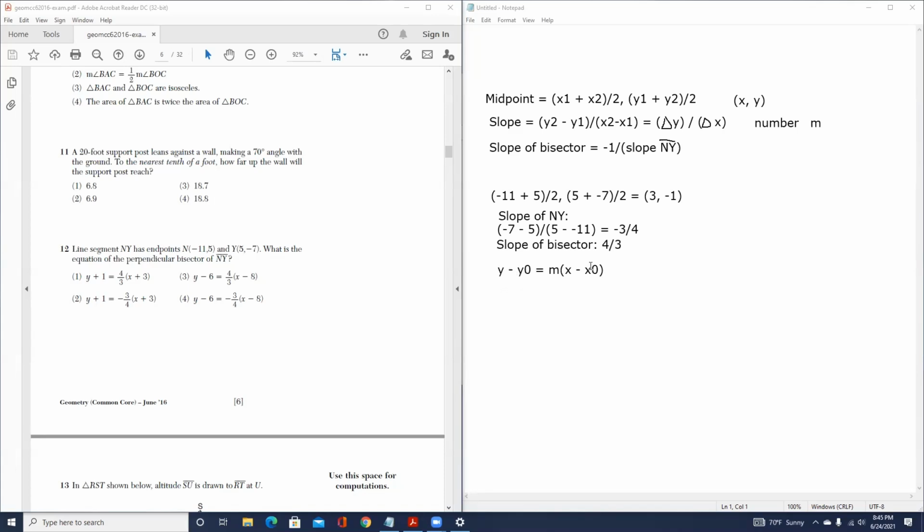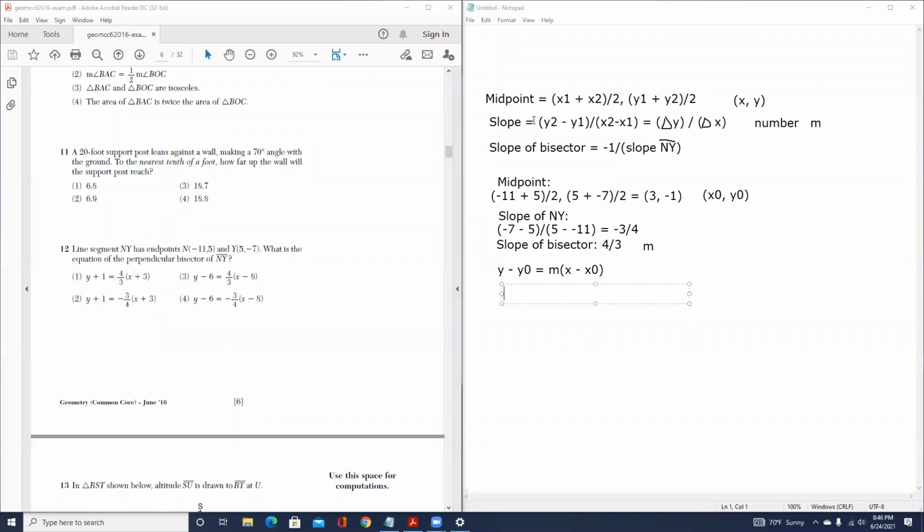So in this case, x naught and y naught are going to be the coordinates of the midpoint. The slope of the bisector will be m.